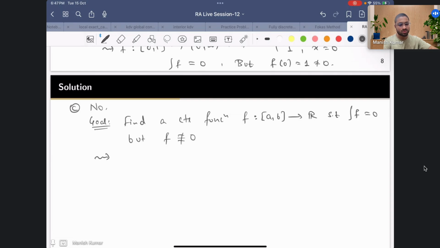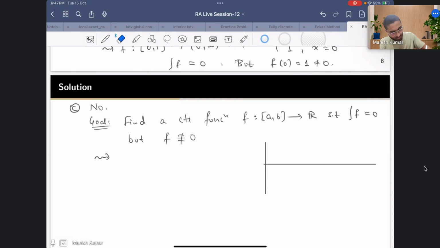This should be very easy, right? And there are many well-known functions that you know. Okay, so what about this function?